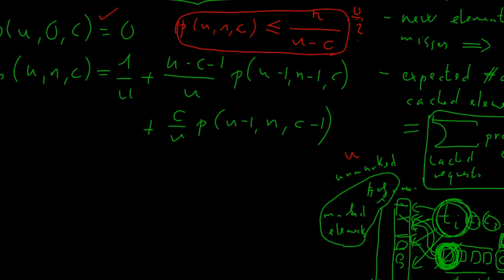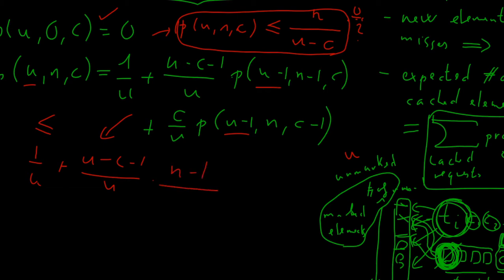Now for this part I will just try to get the bounds. If this holds for small values of U, it's an induction on U, so I can use the induction hypothesis, which means that it's smaller than or equal to 1 over U plus (U minus C minus 1) over U times (N minus 1) divided by (U minus 1 minus C), plus C over U times N divided by (U minus 1 minus (C minus 1)).